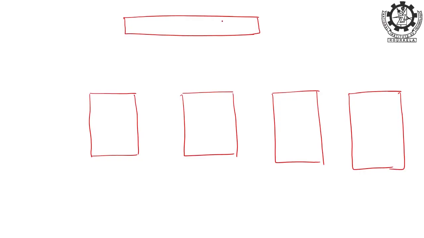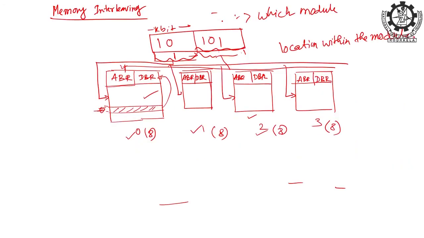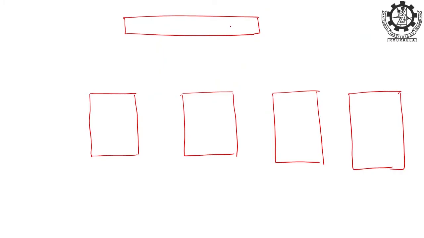So, earlier what was the address? 10101, so 01 and then 101. Okay. So, we have 4 modules. If the lower order means only 2 bits, this part will identify the module, and this will identify the location within the module or across the module.